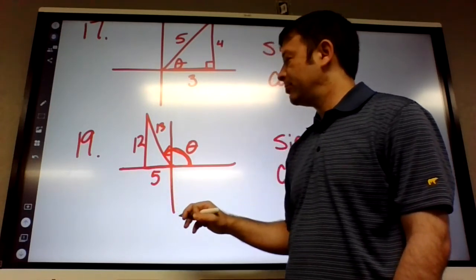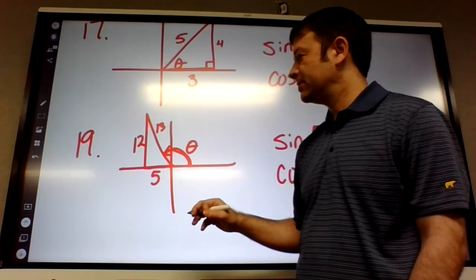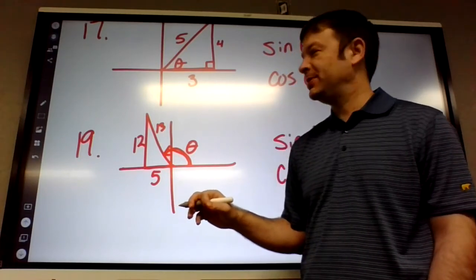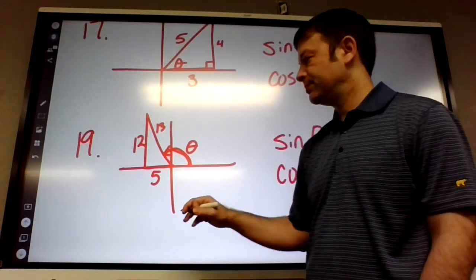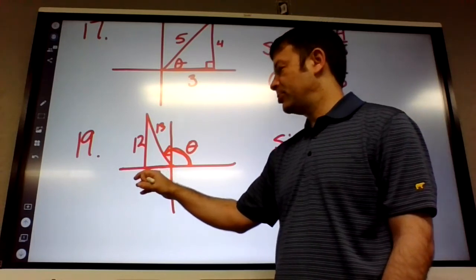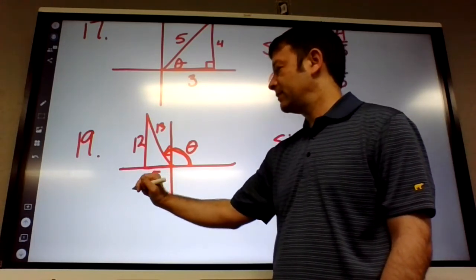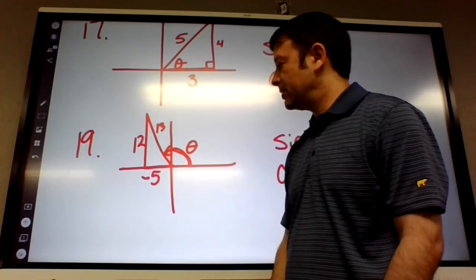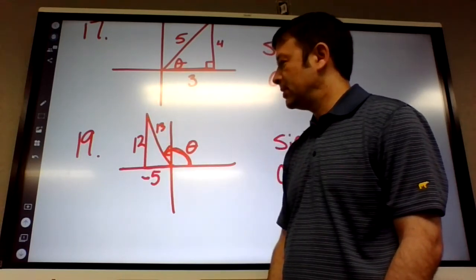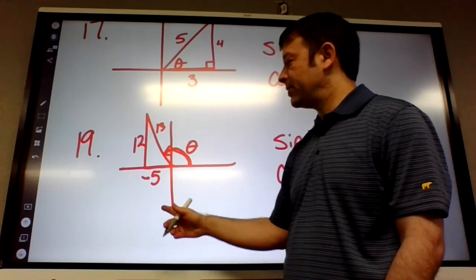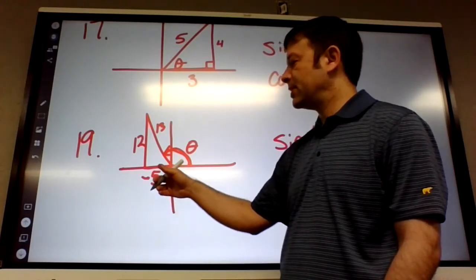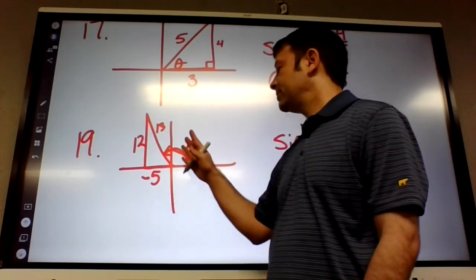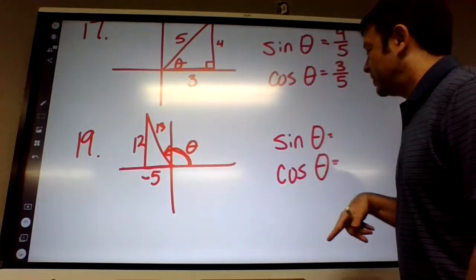Something's a little bit wrong with what I wrote here. Anybody know what it might be? This is more like -5, because it's like left 5, up 12. Yeah, this will make our cosine negative.